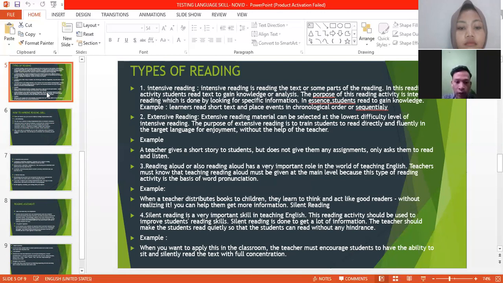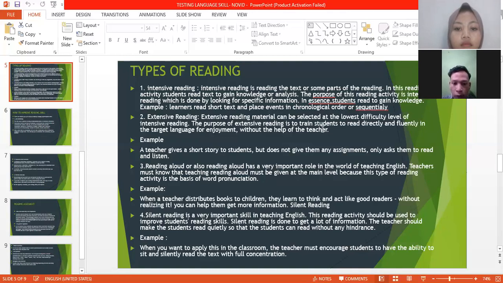Okay, types of reading. The first, intensive reading. Intensive reading is reading the text or some parts of the reading. In this reading activity, students read text to gain knowledge or analysis.